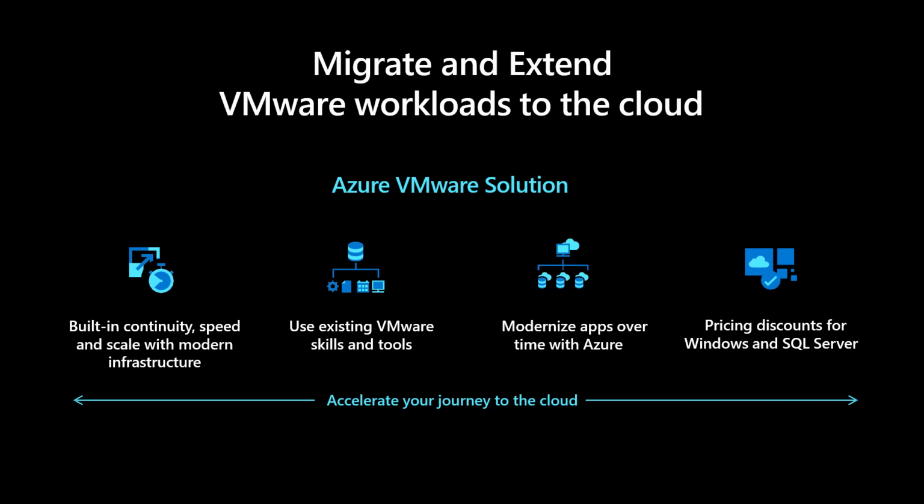Using AVS also helps modernize applications over time because the first hurdle of getting your environment into Azure has already happened. Similar to the skilling conversation, you can take on modernization at a time and pace that's right for your staff. AVS also offers compelling pricing discounts for Windows and SQL Server.